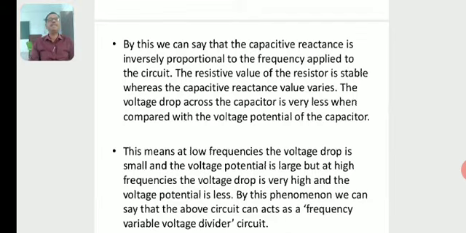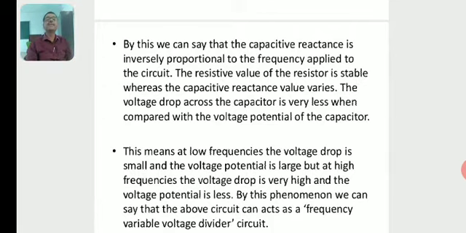The resistive value of the resistor is stable, whereas the capacitive reactance value varies, because it depends on the frequency.